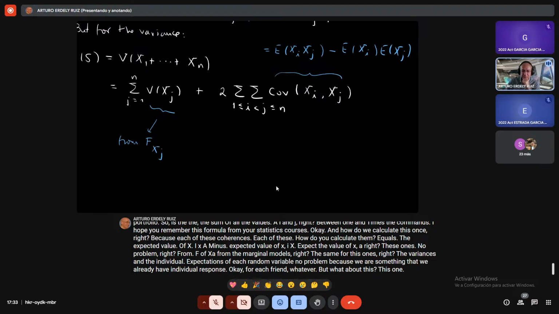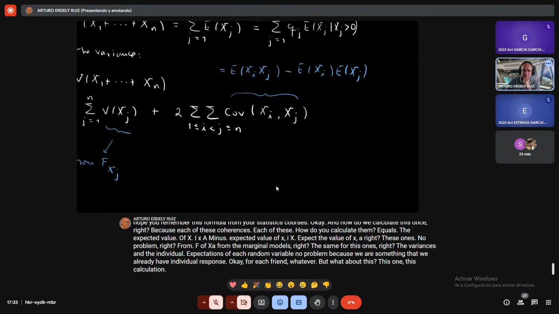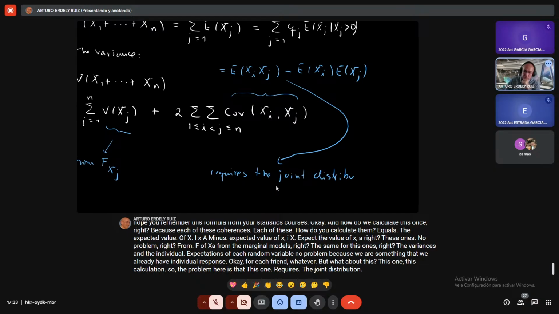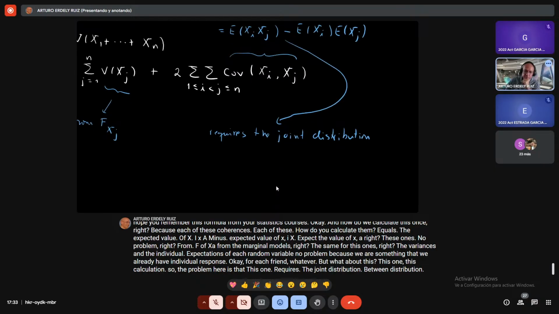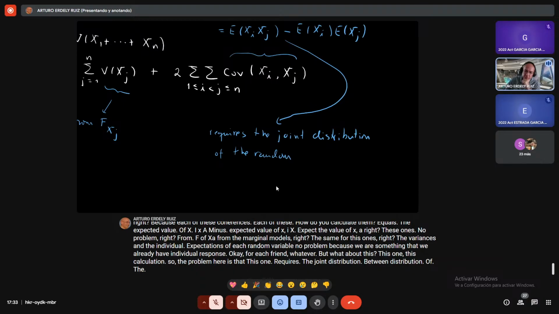This calculation, so the problem here is that this one requires the joint distribution of the random vector Xi, Xj, right?